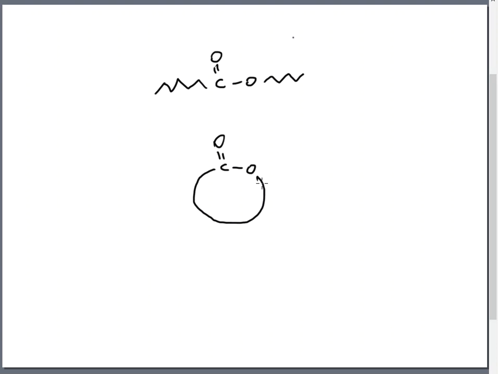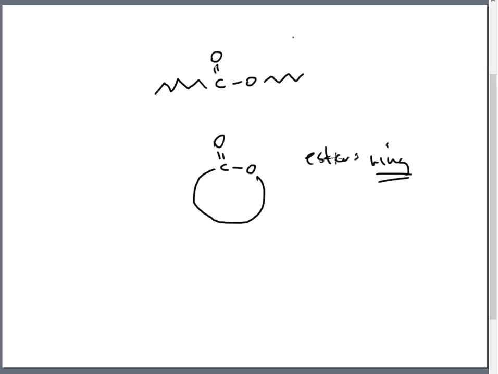So if this molecule turns around and latches onto itself to make this ring system, well, all of a sudden, we have an ester group, but that ester group is part of a ring. If it's part of a ring, and it's an ester, this is a different type of functional group.